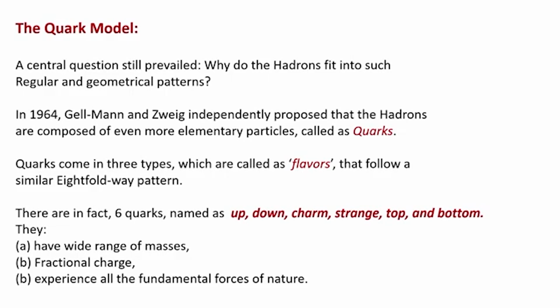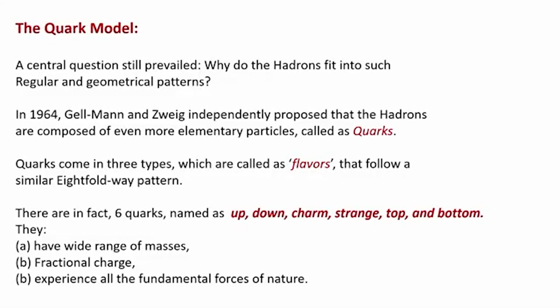So, in 1964 again Gell-Mann and Zweig, quite independently, proposed that these hadrons are composed of even more elementary particles, and these are called quarks. The quarks actually come in types, which for quarks are called flavors, and these quarks follow a similar 8-fold pattern as the mesons or the baryons.